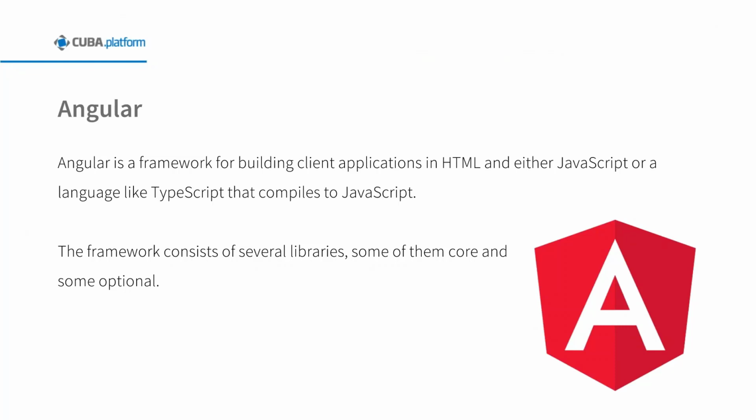Angular is a framework for building client applications in HTML and either JavaScript or a language like TypeScript that compiles to JavaScript. The framework consists of several libraries, some of them core and some optional.